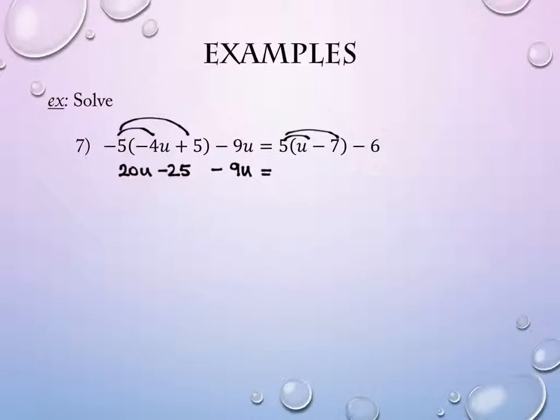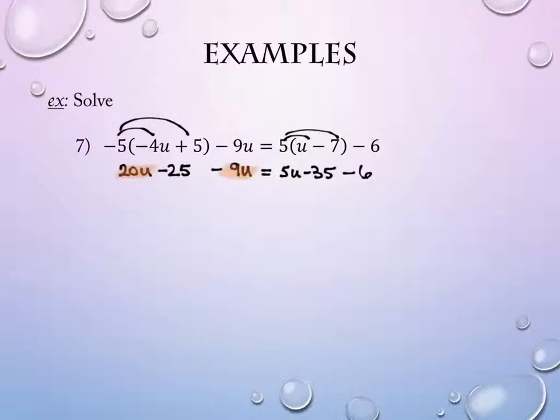And on the right-hand side I have distribution as well. What will that give me? And then minus my 6. Okay, cool. The left-hand side, is there anything that can be simplified, combined? 20u and -9u.